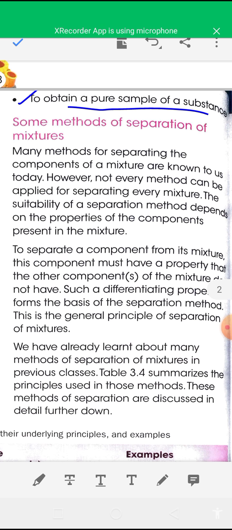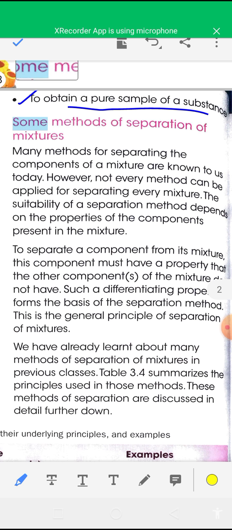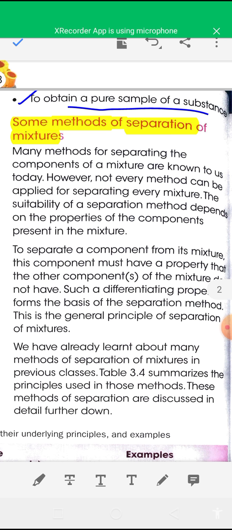Now see different methods of separation of a mixture. Okay, there are many methods, and each method has a particular principle of separation.